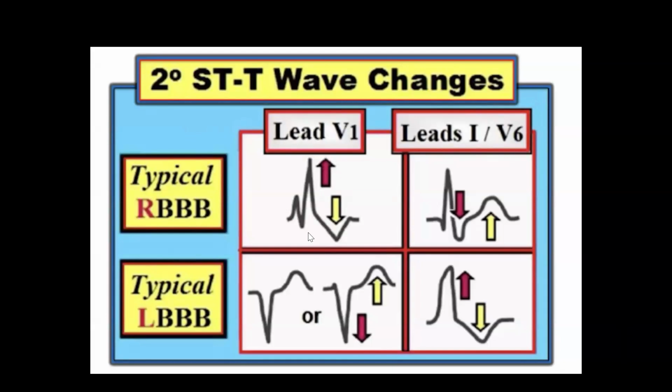So if you look in V1, the abnormality is this secondary R wave, which is upright. Therefore, the ST segments should be down and the T wave should be inverted. If you look at a typical left bundle branch block, the QRS major deflection is down, so the ST segments should be up. Well, if you look in V6, the QRS is upright. Therefore, the ST segment and T wave are down.